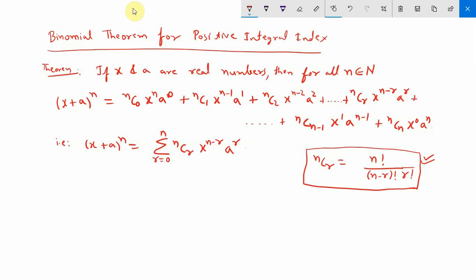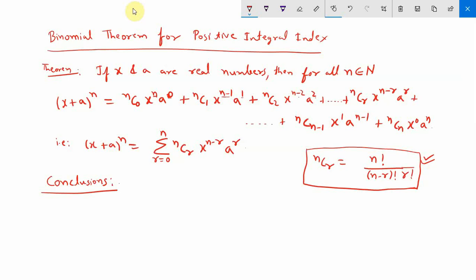Okay. Now if we see this binomial expansion, we can conclude some conclusions, so I will write them. See, first conclusion: if we add the indices of x and a, everywhere you see n minus 1 plus 1, it will be n; here also n minus 2 plus 2.